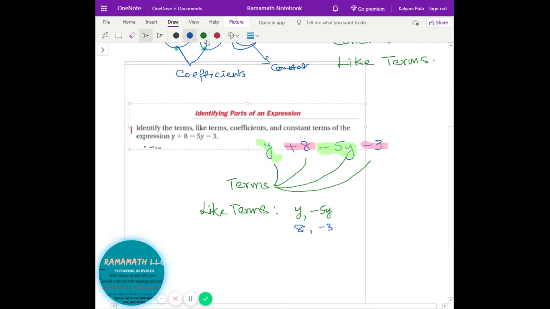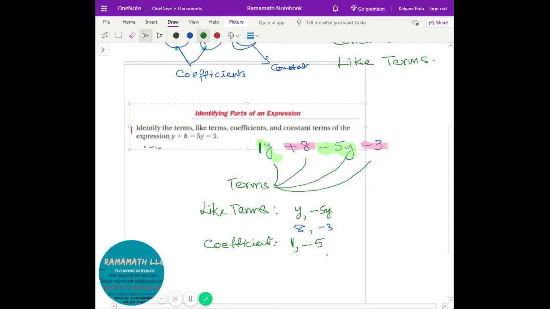Next one is the coefficients. Coefficients are basically the numbers in front of the letters. The letter here has no number there, which means 1 is there. That's a 1. And then this is negative 5. Those are the coefficients.